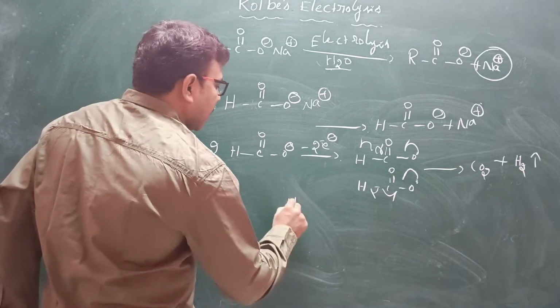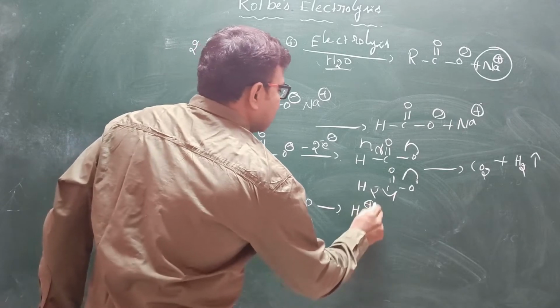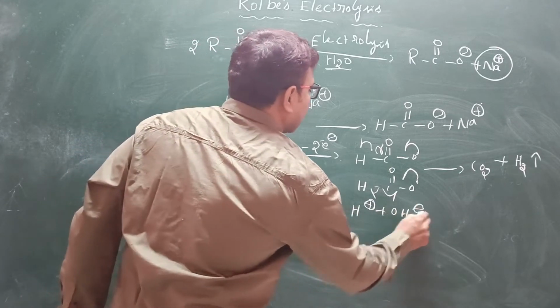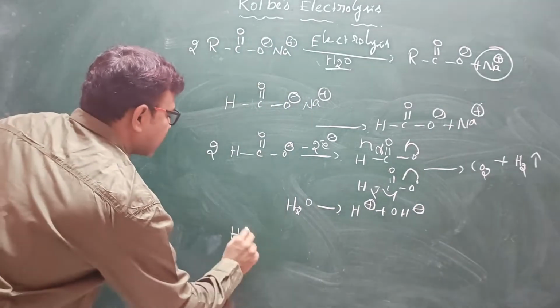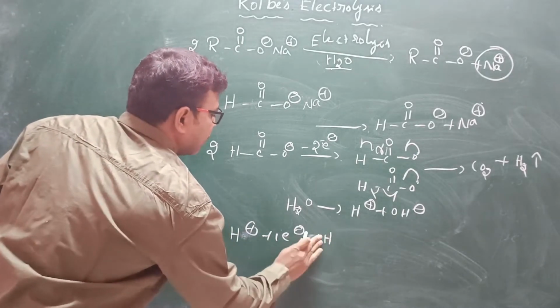Another step: in the electrolytic solution, H2O dissociates into H plus and OH minus ions. At the cathode, the H plus ion accepts one electron and is converted to a hydrogen atom.